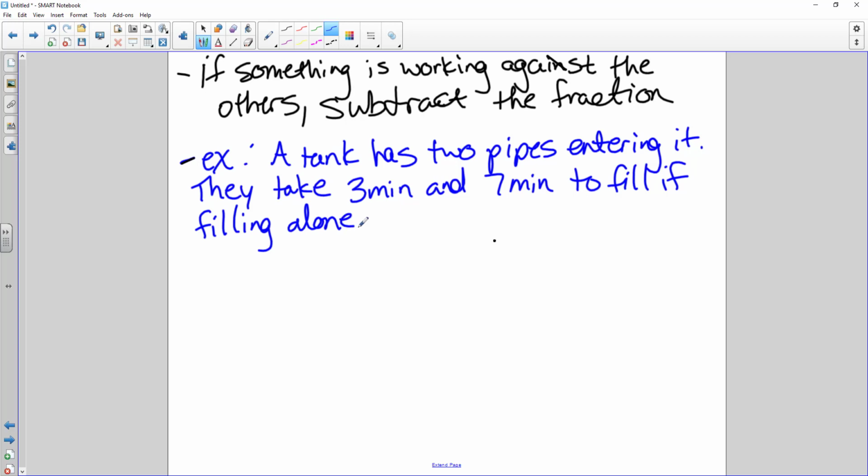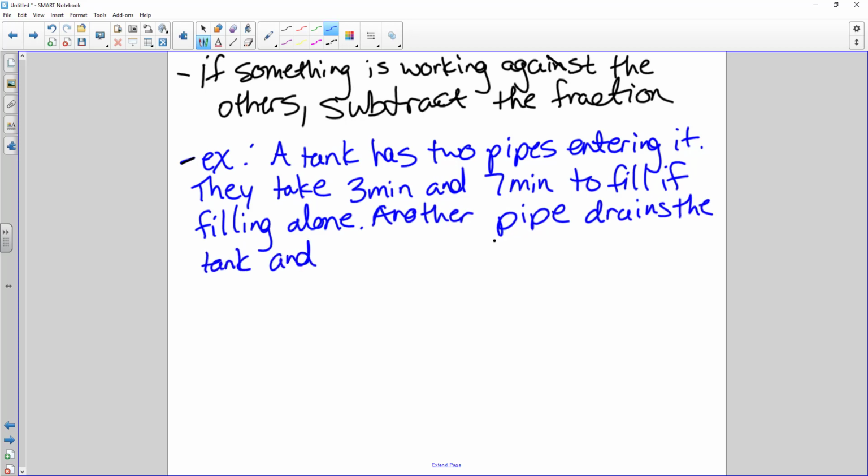So if only the first pipe is open, it takes 3 minutes to fill. If only the second pipe is open, it takes 7 minutes to fill. Another pipe drains the tank and takes 21 minutes to empty alone.